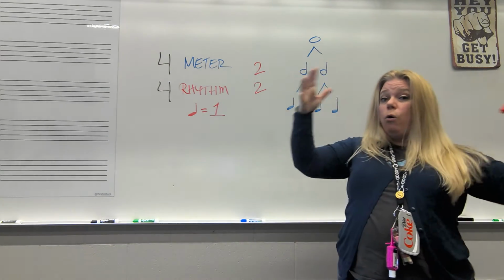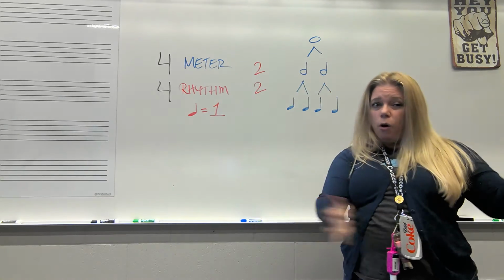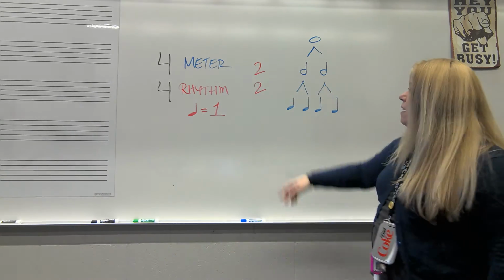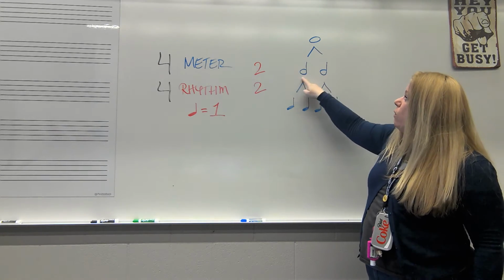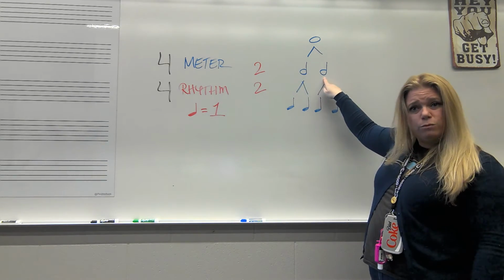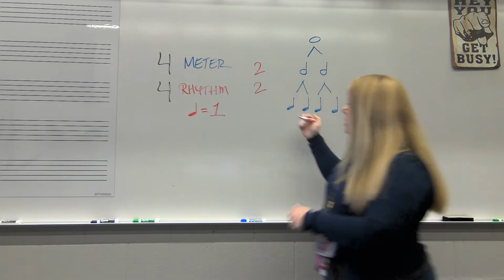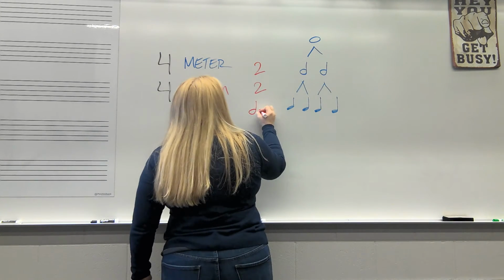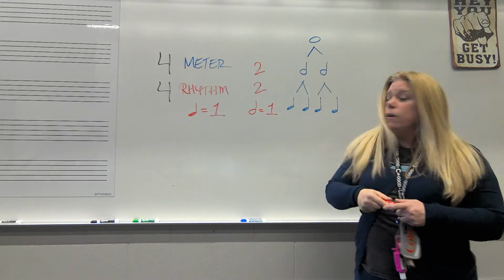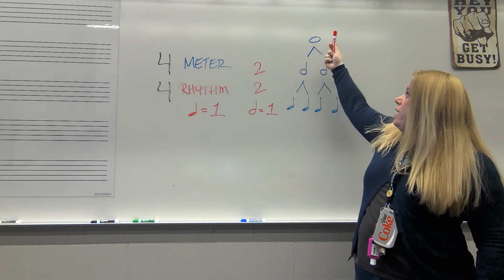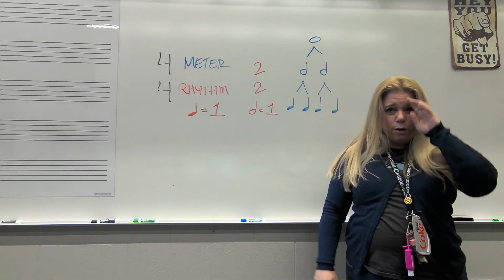If a whole note would be the whole grouping of the beat, and we're going to divide it into two, you can only divide a whole note into two using half notes. So the half note is equal to one count when the two is on the bottom. That changes what a quarter note is worth and changes what a whole note is worth.